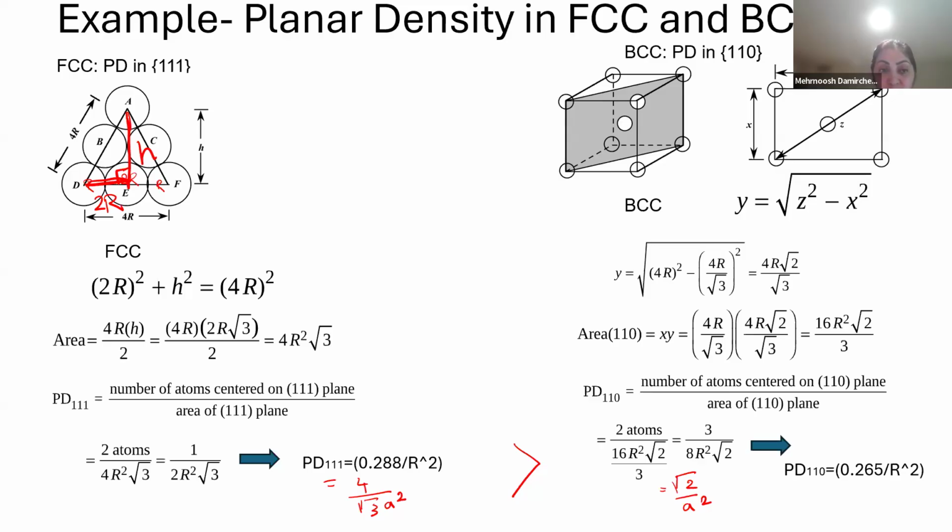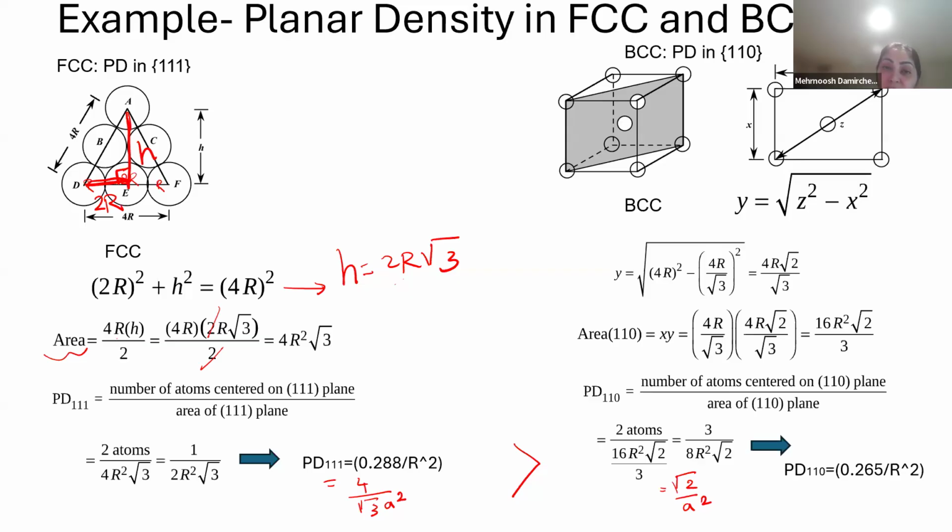So you can find H. After finding H, which for this case is 2R root 3, we substitute here. What is the area of the triangle? Height times base divided by 2. What is the base? 4R. What is the height? We calculated 2R root 3, divided by 2. This 2 and this 2 cancel each other, so the area is 4R squared root 3.